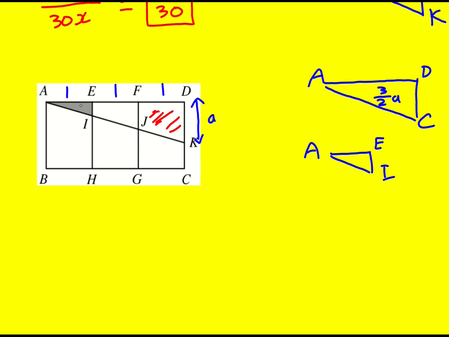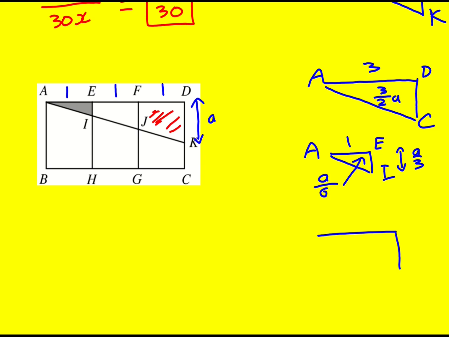Because they are similar, they have the same angles, and this one's just 3 times as small, which means the height here will be A divided by 3. And this is 1, remember? So I'm going to get as the area 1/2 times 1 times A over 3, or A over 6. Okay, that's going to be useful.